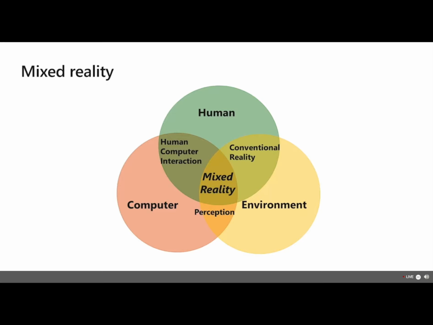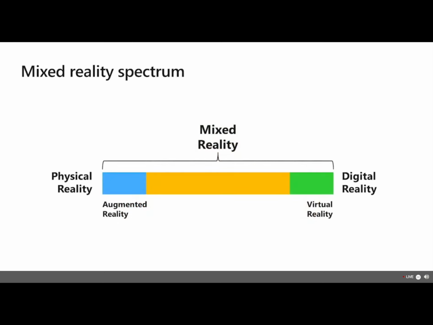So when we combine all of these different perceptions, we create a mixed reality experience, because the movement that's happening in the physical world is translating to movement that's happening in the digital world. And those boundaries between the physical world then start to blend with the computer world. Now, since mixed reality blends both physical and digital worlds, these two realities define polar ends, and this is what we refer to as the mixed reality spectrum.